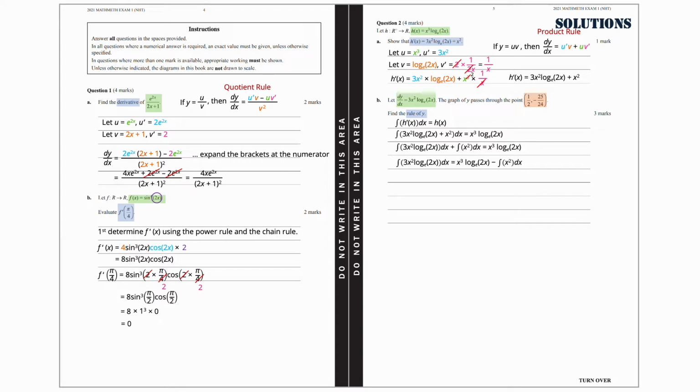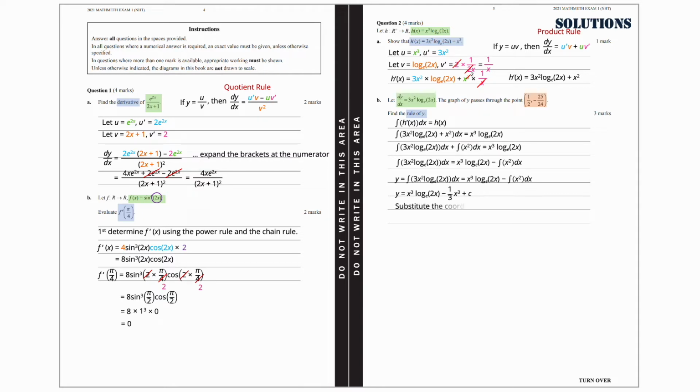And we know that y equals the integral of 3x squared log in base e of 2x dx, which equals x to the power of 3 log in base e of 2x minus the integral of x squared dx. The integral of x squared dx equals 1 on 3x cubed plus c.